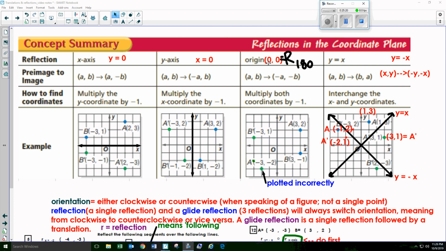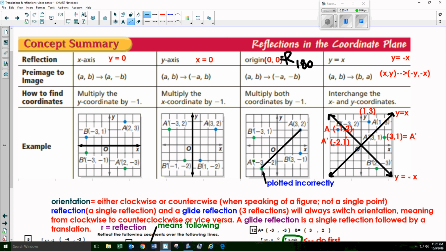So if I reflect through the origin, when I connect my pre-image point to my image point, it must go through the origin. Notice they plotted (-3, -2) right there. When I was doing this, I was telling the kids, it's got to go through the origin, and it's not going through the origin. I'm like, what the heck is wrong? So then I had to check: (3, 2) is supposed to become (-3, -2).